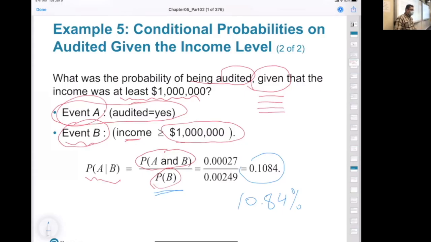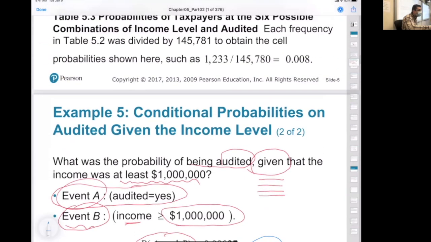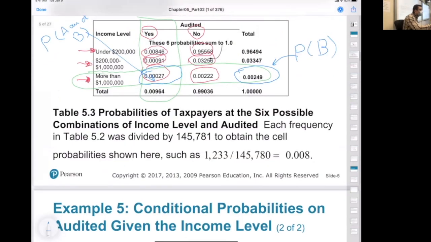On the other hand, suppose I said to you, what is the probability of being audited? That's it, without giving any information. So from the table, you will go to what? To yes, audited, right? This one. And you will take the total here.